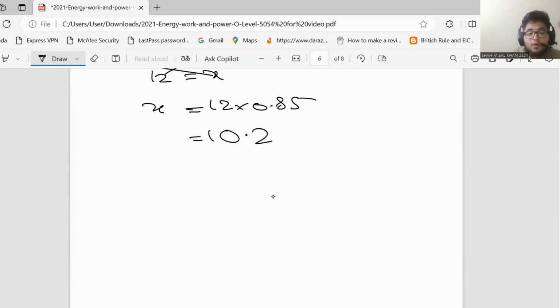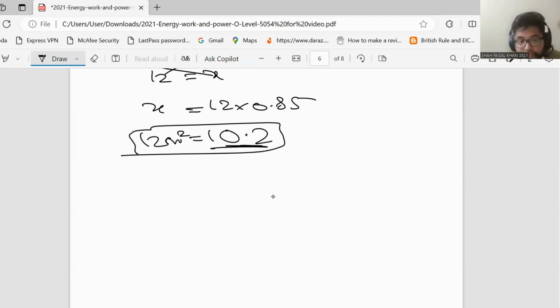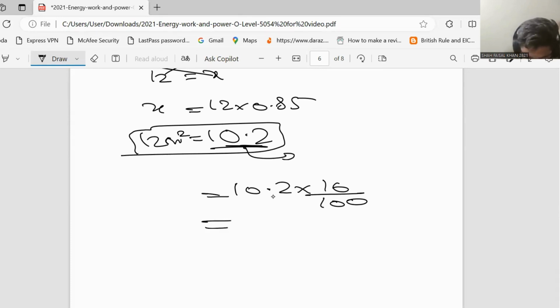It's 10.2 for 12 meter square. This is the 100%, while its efficiency is 16%. So it means 16% of 10.2, which is 10.2 times 16 upon 100.